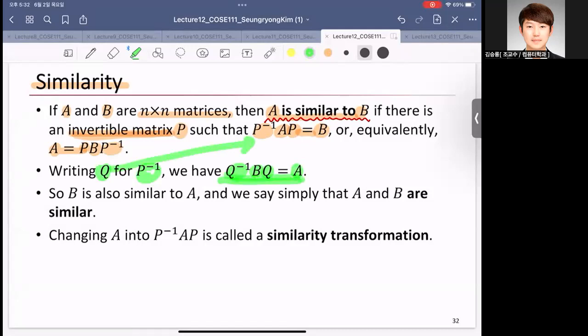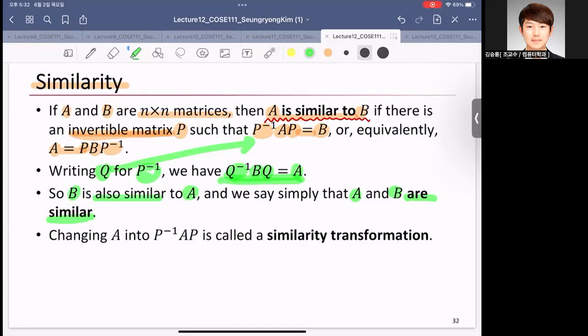So in this case, B is also similar to A due to the fact here. Then we say simply that matrices A and B are similar to each other, if there is the matrix P or Q like this.